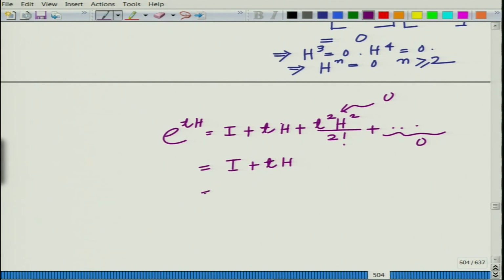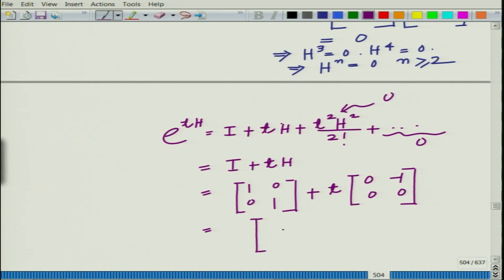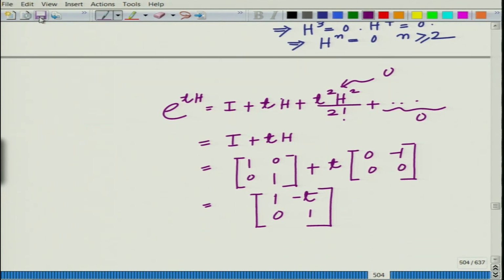So, I plus t H, which is basically 1 1 0 0 plus t times 0 minus 1 0 0. So, this is simply 1 minus t, 0 1, that is your e raised to the power of t H, where H is equal to the matrix 0 minus 1 0 0, that is your matrix H.